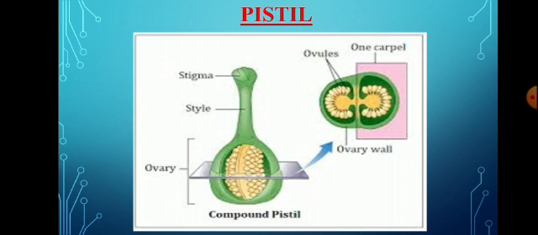The pistil is the innermost part of the flower. It is the female reproductive organ of the plant.